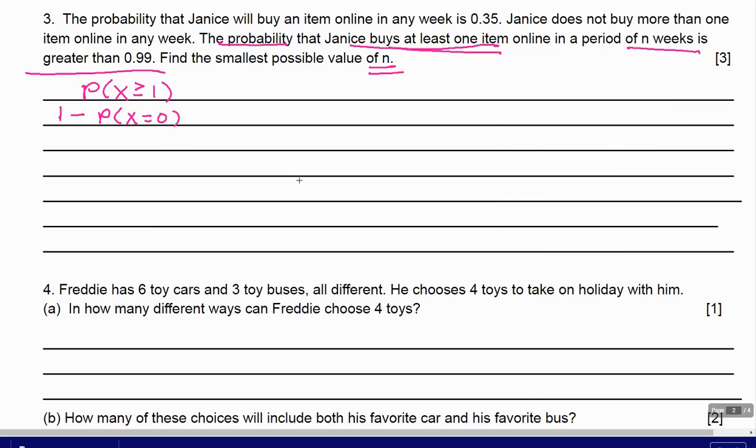Now, we know that this probability is greater than 0.99. Right? All right. Now, what's the probability of it would be going? Well, here, let's do this. Can I get this probability by itself? How do I get rid of the 1? So what's 0.99 minus 1?